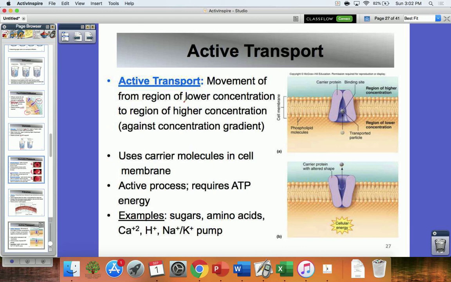We're going from areas of low concentration to areas of high concentration. So that means it's going against the concentration gradient, where we've been taught so far high to low, but now we're going from low to high. So we have to have a little bit of help, and of course, we have to have a little bit of energy in order for this to happen.